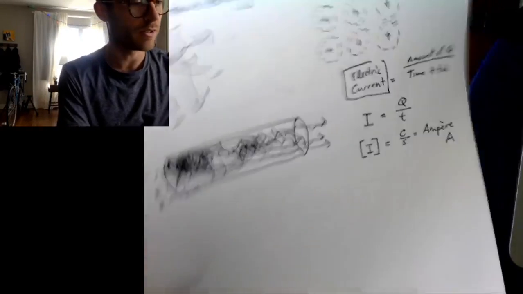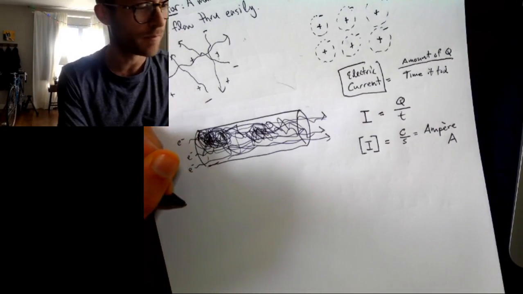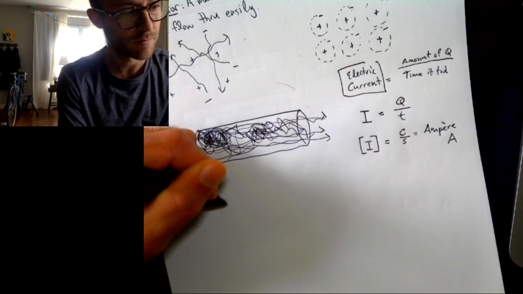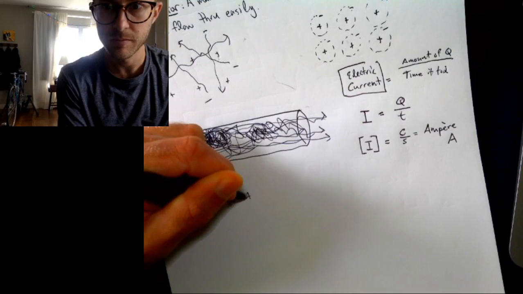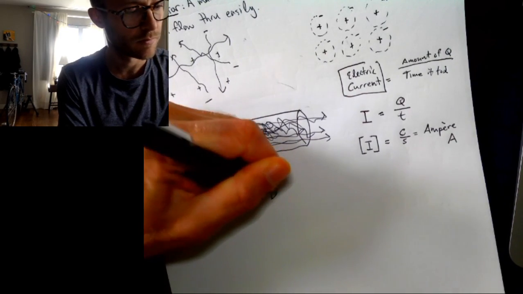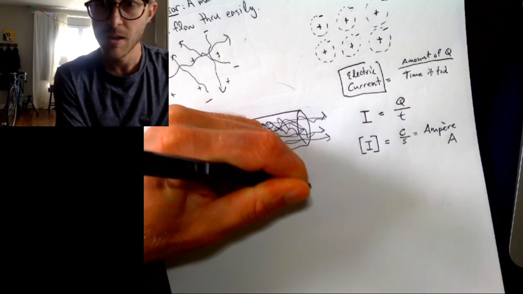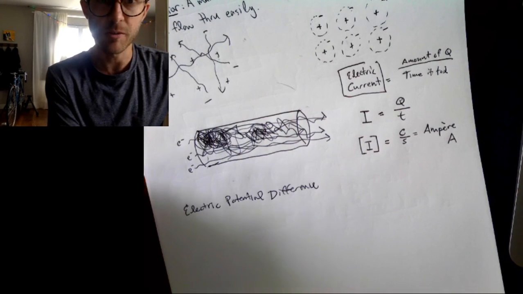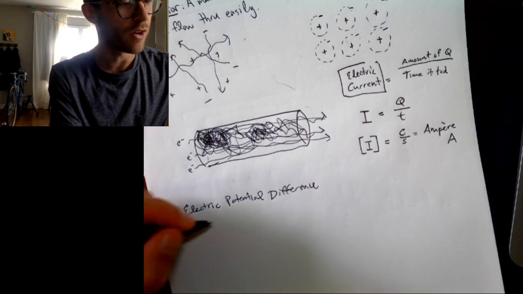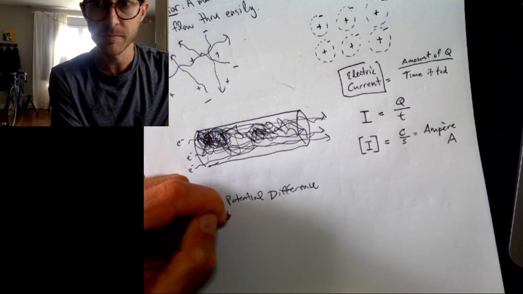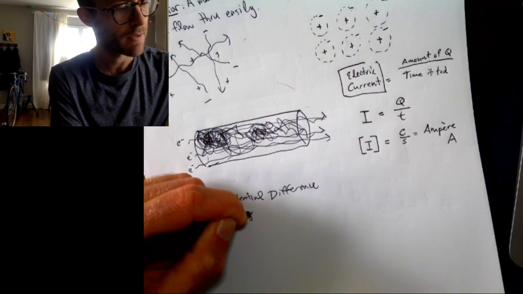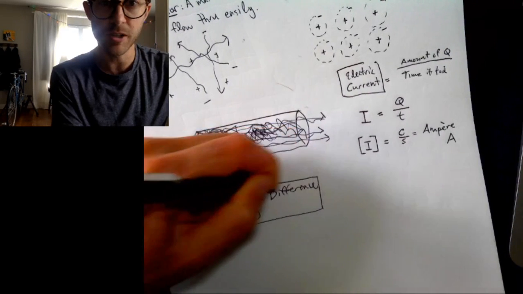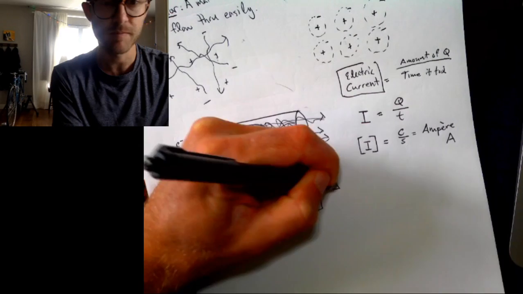Next key concept is something called electric potential difference, which is also known as voltage. Okay. And electric potential difference is denoted by delta V.